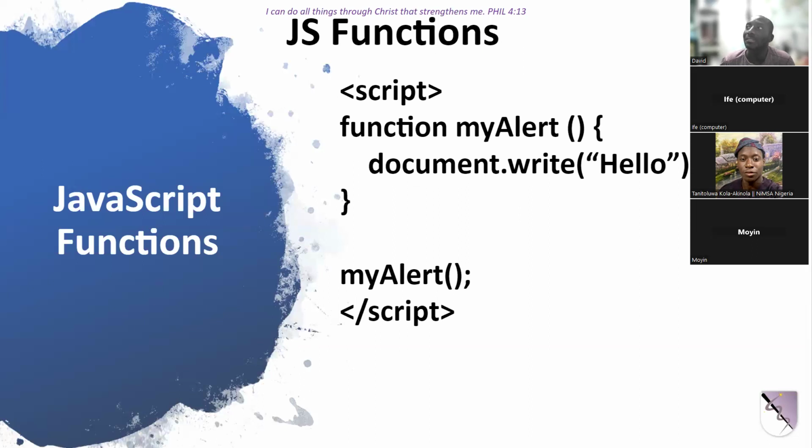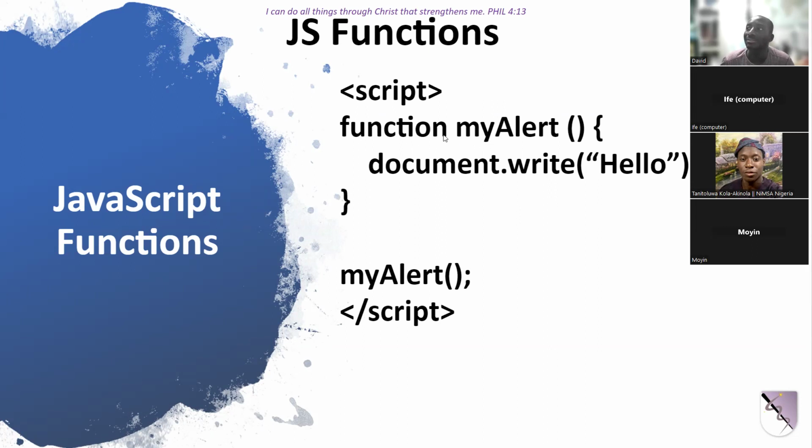Then we talked about JavaScript functions and the syntax for how to write a function. The curly braces should look familiar from CSS. In CSS, we open a rule with curly braces. In JavaScript, we open a function with curly braces also, and then close it with the closing curly brace. So it looks a little bit like CSS. Every function has to begin with the word function.